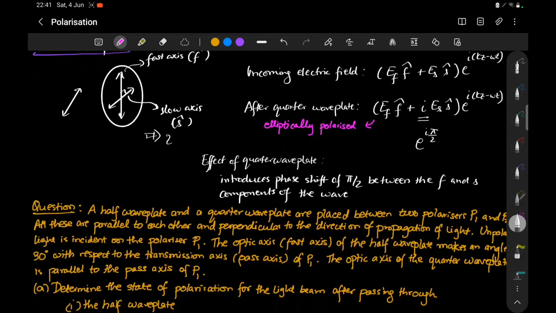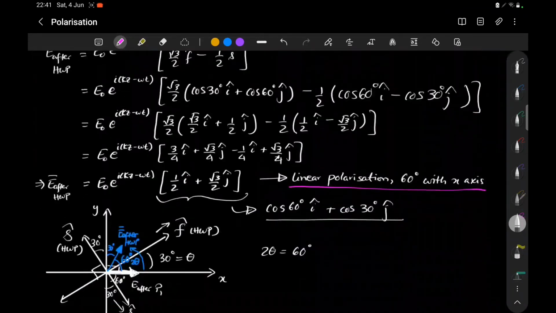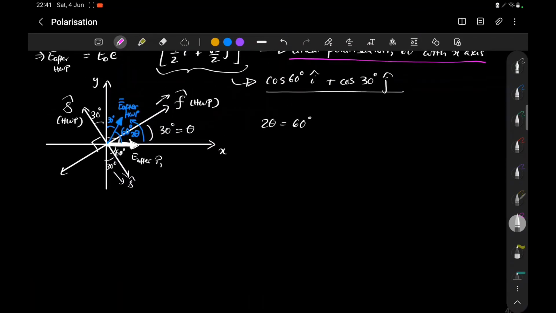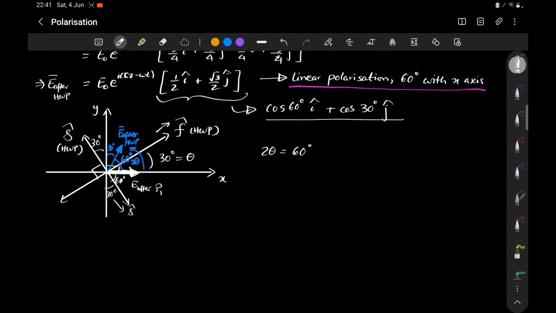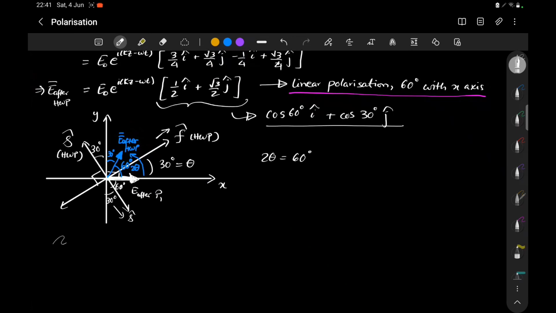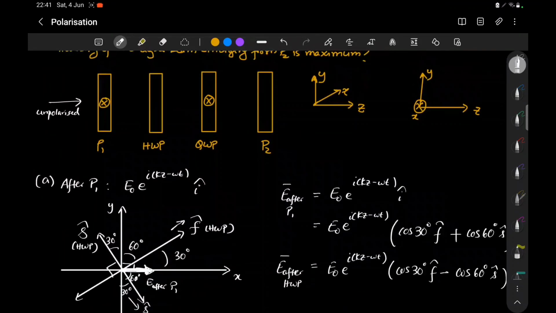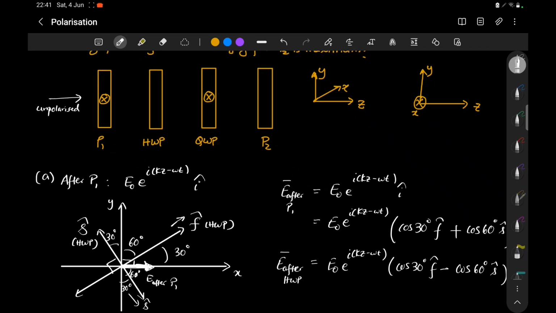Let us now see the effect of the quarter wave plate in our given example. For us, the fast axis of the quarter wave plate is along the x-axis. It is parallel to the transmission axis of P1.